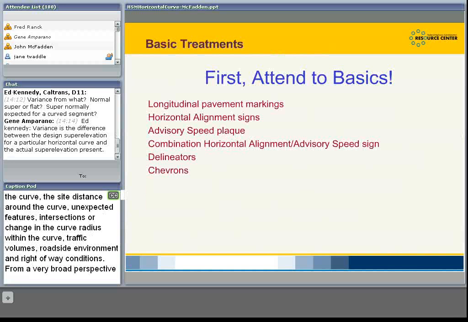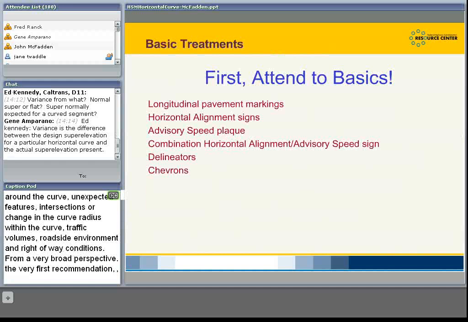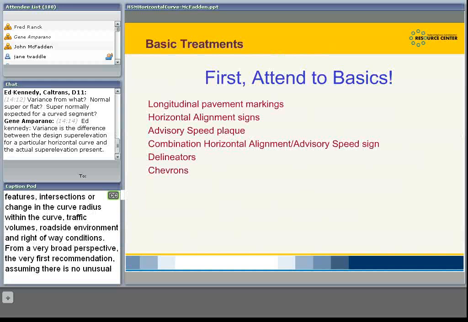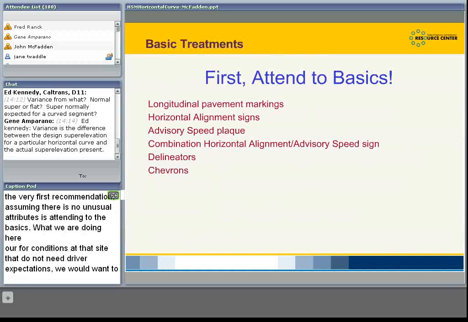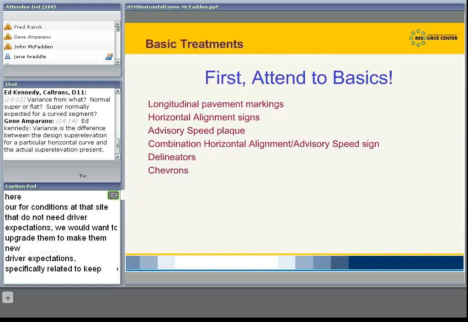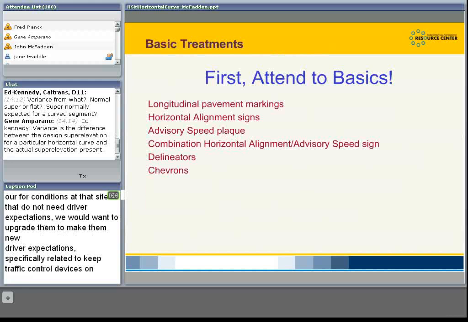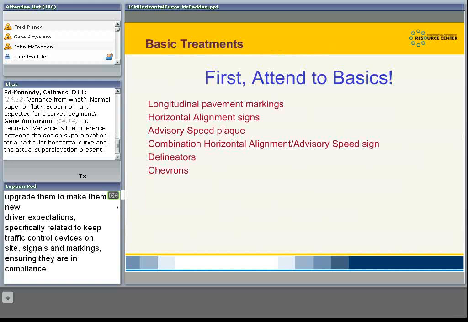A couple of metrics that you can look at, as we discussed earlier, are the difference in the approach speed to the curve speed, geometric characteristics of the curve, your sight distance around the curve, unexpected features associated with the curve, such as intersections or a change in the curve radius within the curve, traffic volumes, your roadside environment, and right-of-way conditions. But from a very broad perspective, the first recommendation, assuming there are no unusual attributes associated with your site, is attending to the basics.